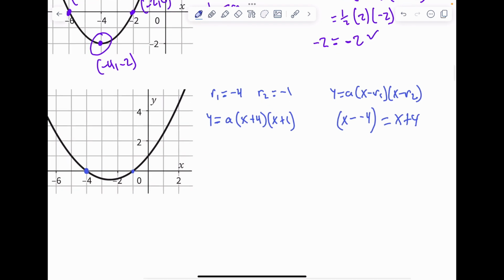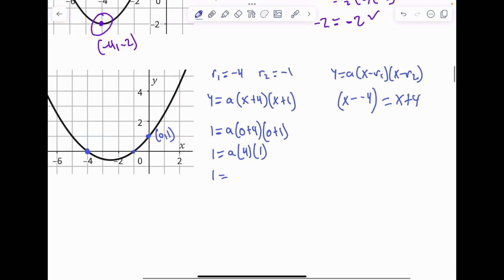Now let's figure out another point. I like this point right here, 0 comma 1. So then we're going to solve for a now. I have that 1 is equal to a times (0 plus 4)(0 plus 1). So 1 is equal to a times 4 times 1, and then 1 is equal to a times 4.